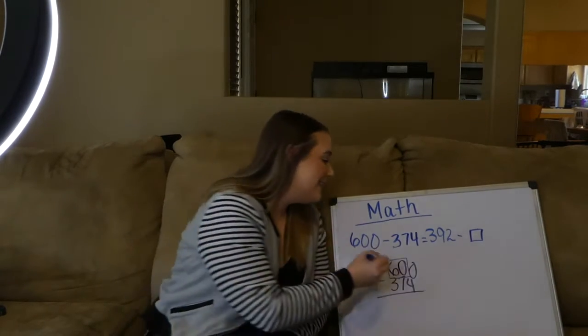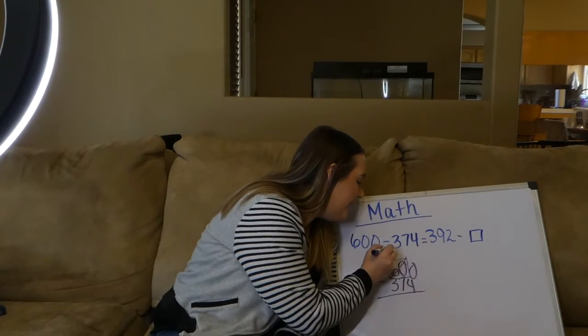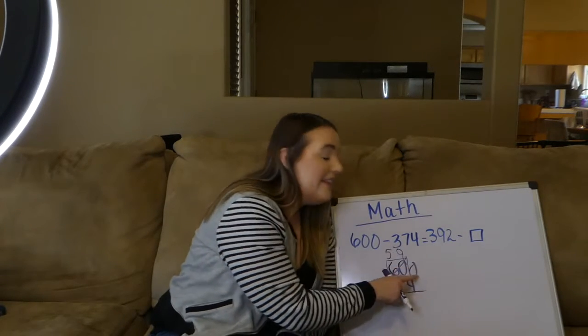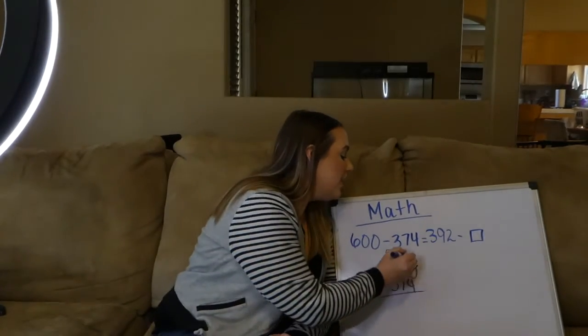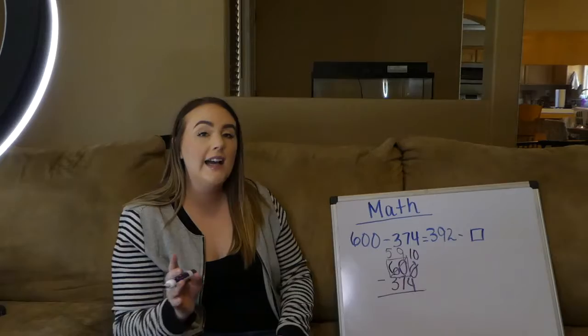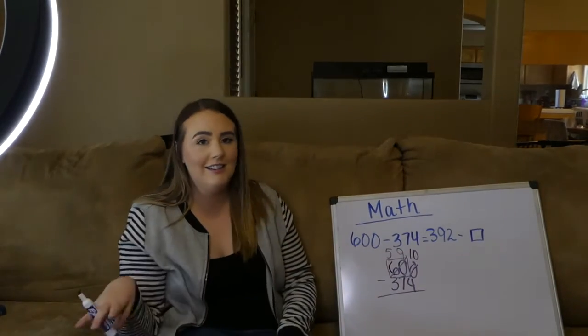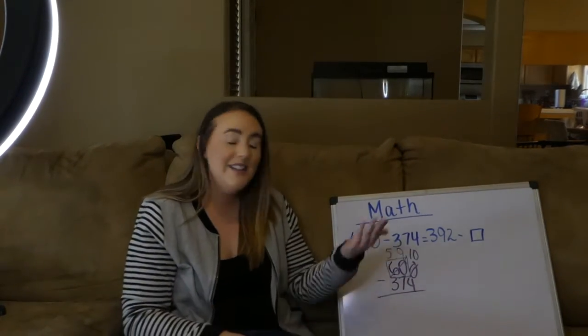59. So I'm going to cross it out and make it a 59. And what does our 0 become? 10. If you solved it the other way, you would get the same exact numbers on top. It's just plainer for them to solve. So now we can subtract.